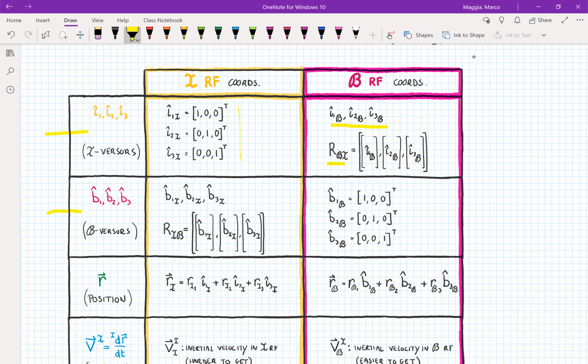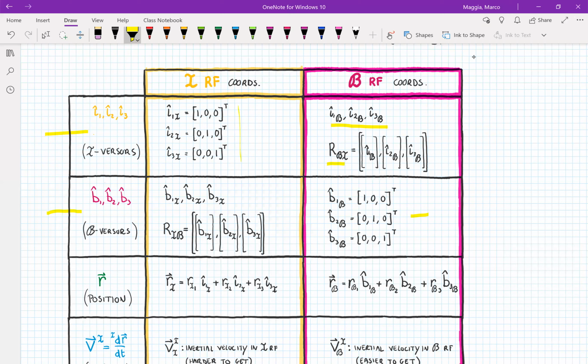Now let's move on to describing the versors of the B reference frame. So let me start from the right here. The B1, B2, and B3 in the B coordinates are simply the vectors 1, 0, 0, 0, 1, 0, and 0, 0, 1. And we can say something similar when we move to the I reference frame coordinates.